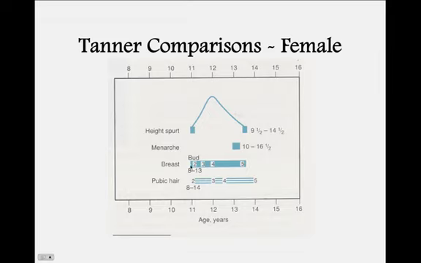So in girls, the thing you're usually going to see first is a little bit of breast budding as your first sign of puberty, and then some pubic hair, then the growth spurt, and after the growth spurt, then you see the onset of menses, usually about Tanner stage 4, which is when you commonly see the onset of menses in most girls, sometimes between 3 and 4.